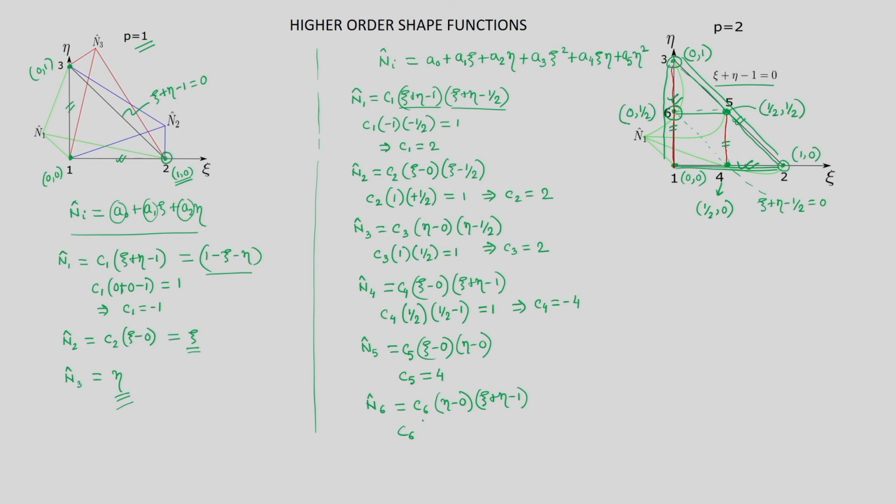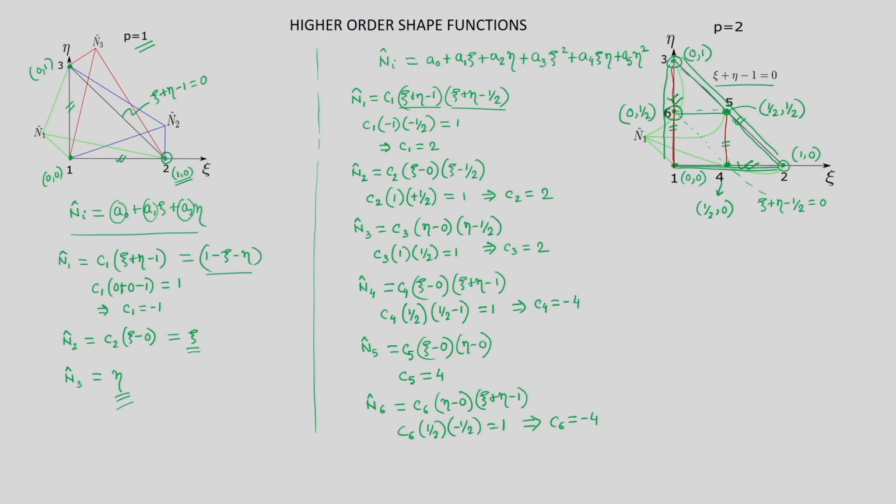So, if I put eta equal to half, xi equal to 0, this is minus half, and that renders C6 as minus 4. So, looking at the definition of these Nis, we can construct the shape functions very easily.